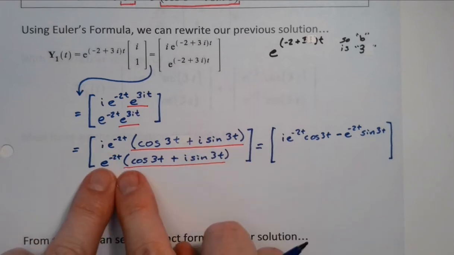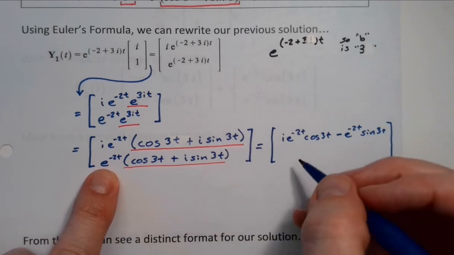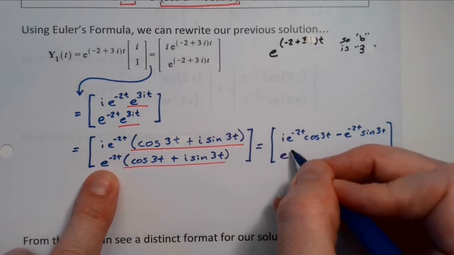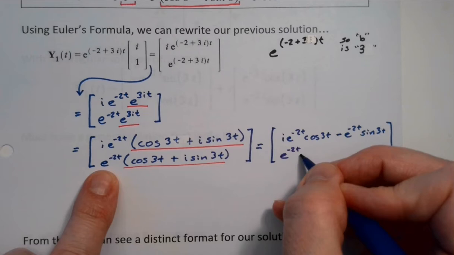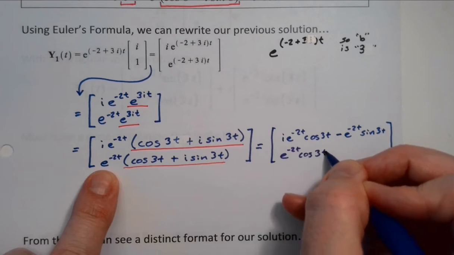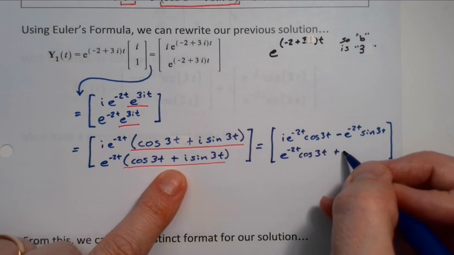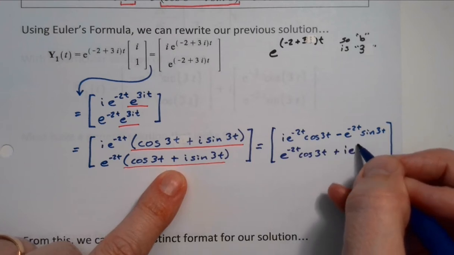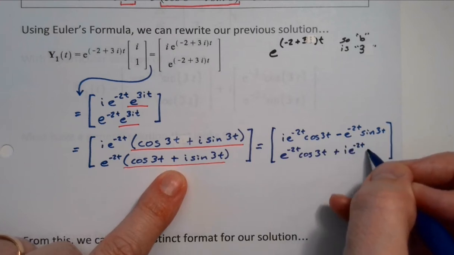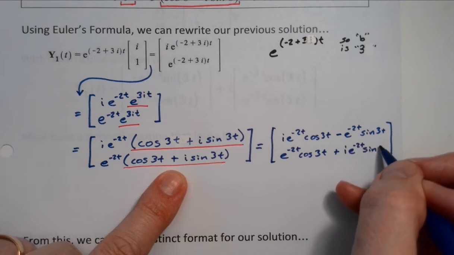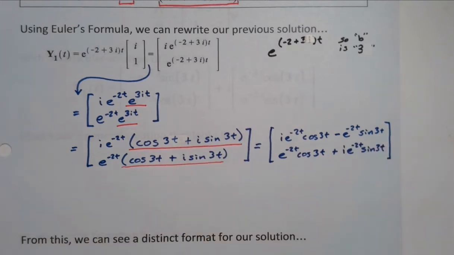Down here, there's no i to multiply through, so nothing really changes. We just have e to the minus 2t cosine 3t plus i times e to the minus 2t sine 3t. And at this point, you might be thinking, okay, great, how does that help?